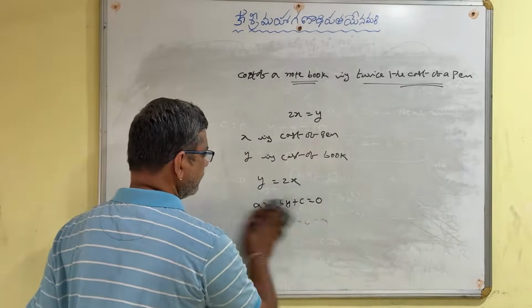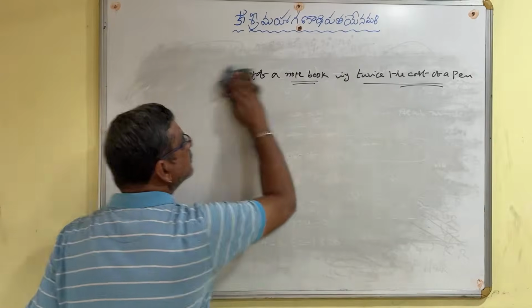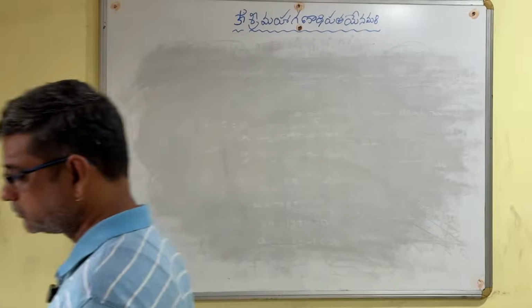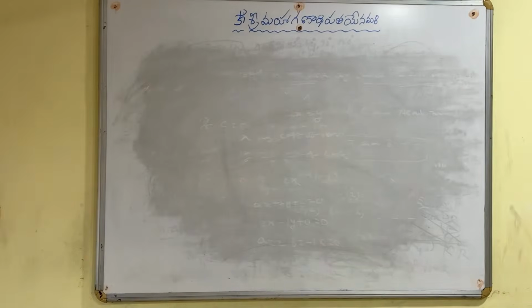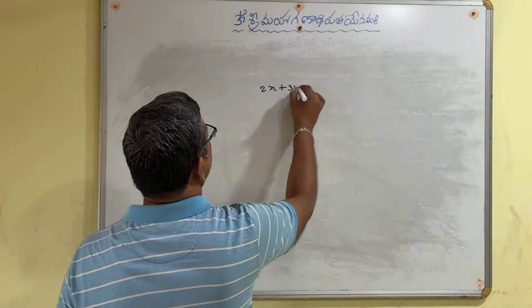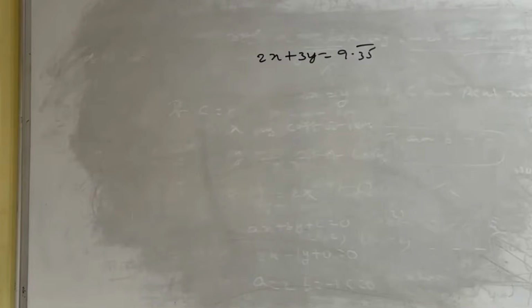Next question. Express the following: 2x plus 3y is equal to 9.35 bar.